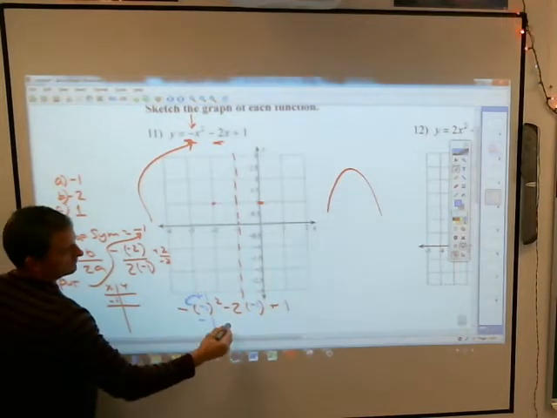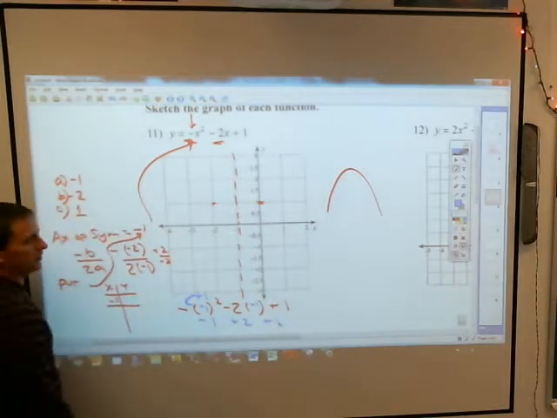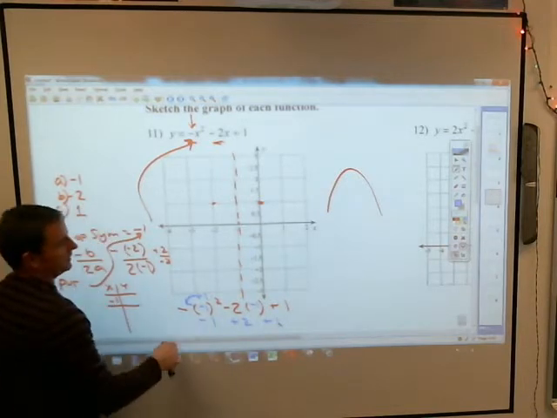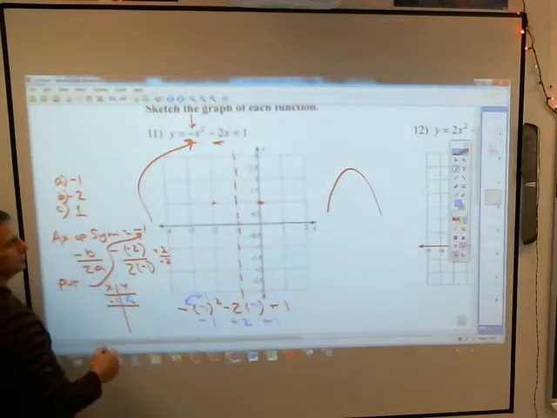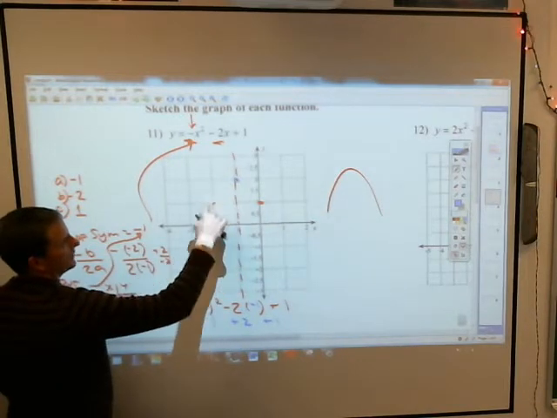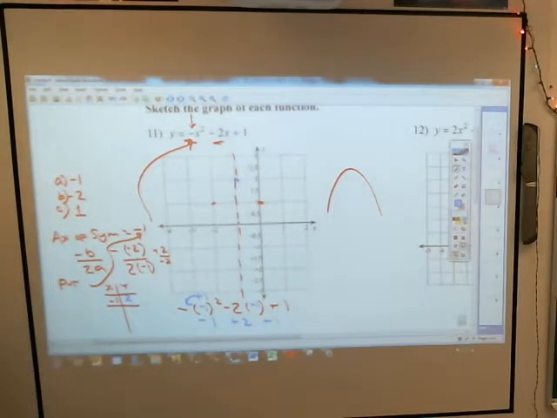Negative 2 times negative 1, positive 2. Plus 1. Putting them all together, I have 3 to the good and 1 to the bad, which ends up being a positive 2. Which is good, why? Because I know it crosses there, and this is definitely going to give me the right shape parabola.